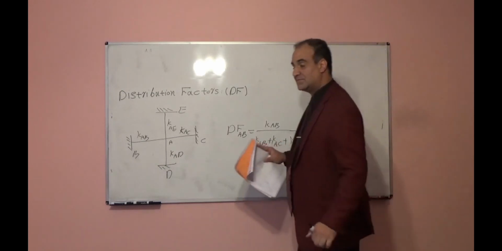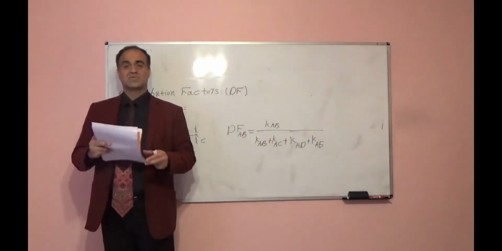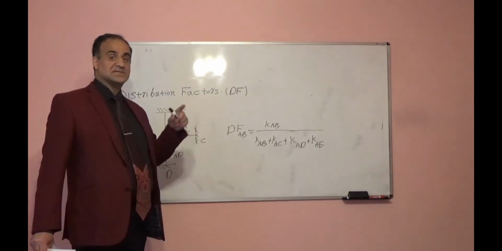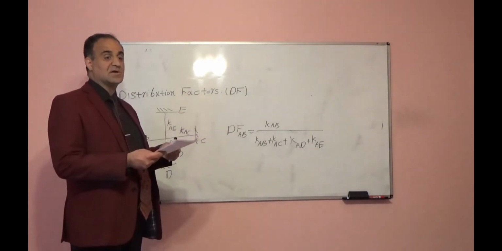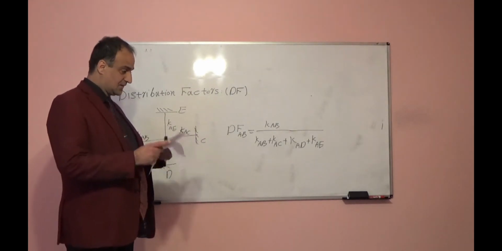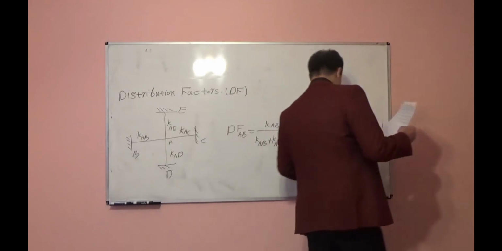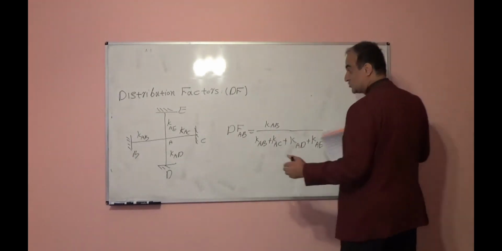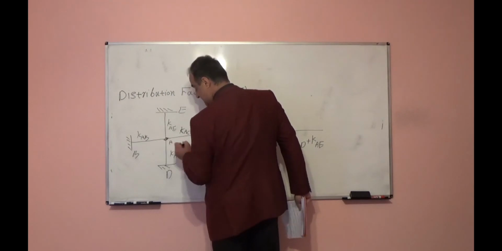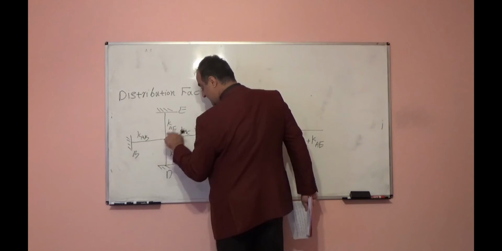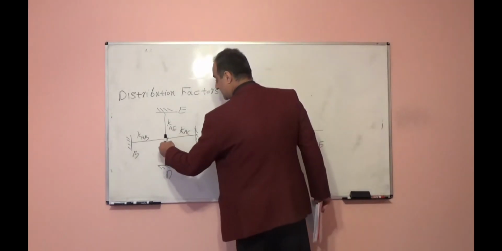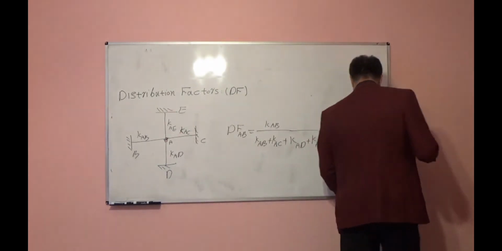So this is the way we calculate the distribution factor for each member. The distribution factor will be equal to the stiffness of that member divided by the summation of stiffness of all members reaching that joint. Of course, this joint should be a rigid joint like this. If one of them is hinged, it will not be the summation of all. Here, all of them are rigid joints.